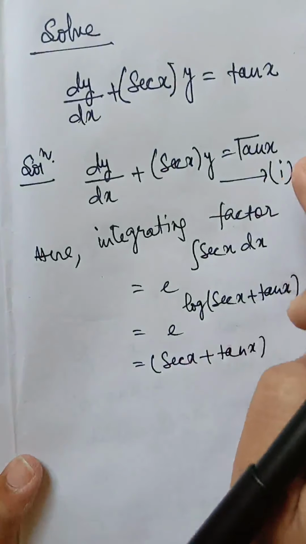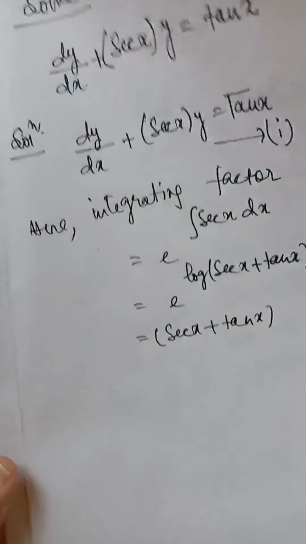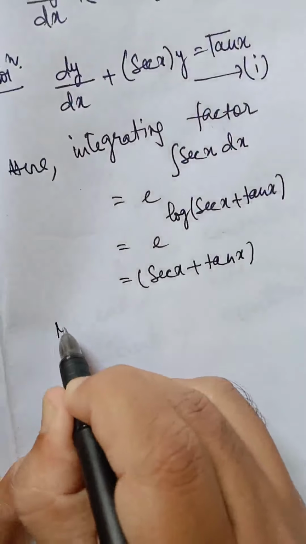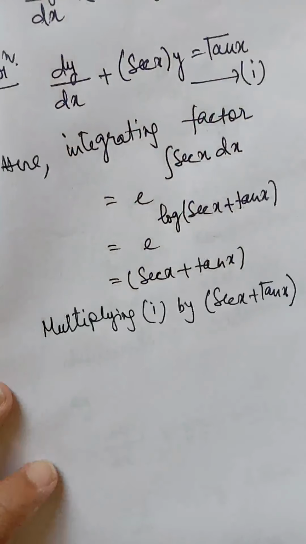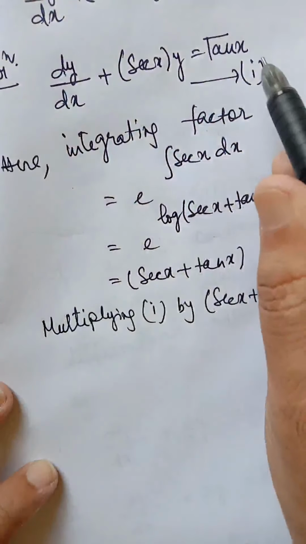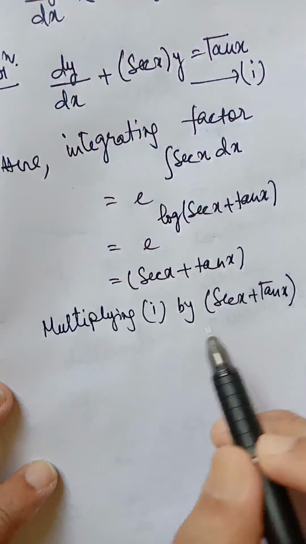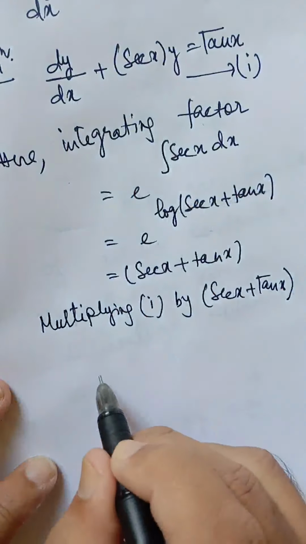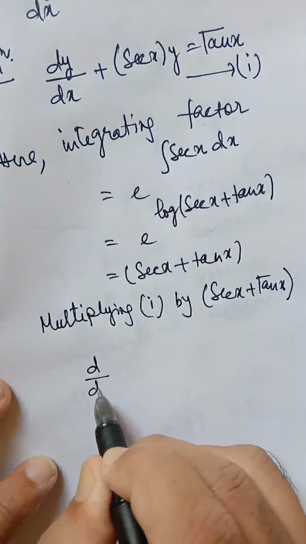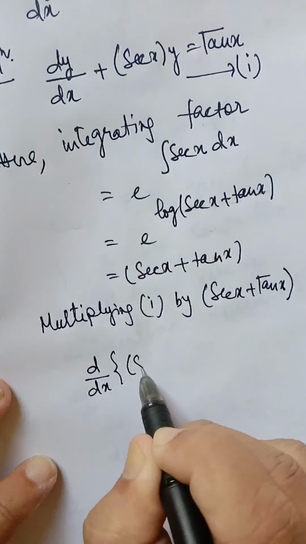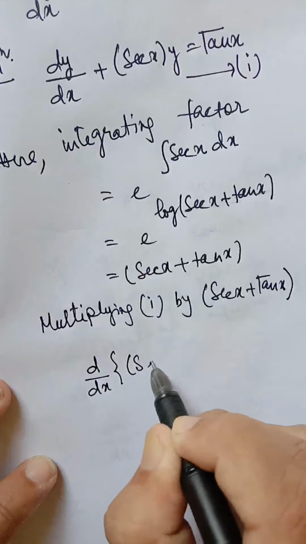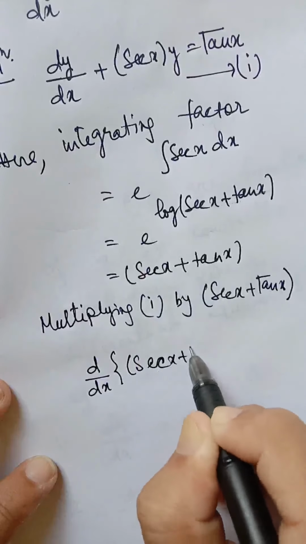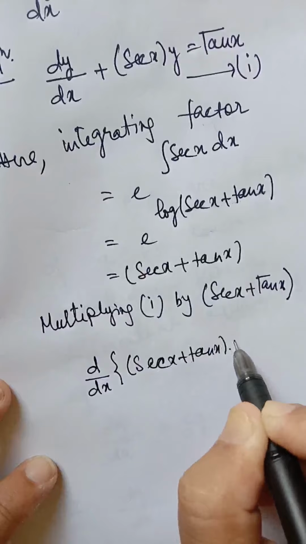Now I will multiply 1 by this. So 1 into, now multiplying 1 by sec x plus tan x, that is by the integrating factor, we know what this will become. The left hand side will become the derivative of the integrating factor into y.